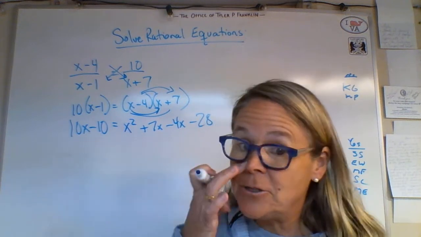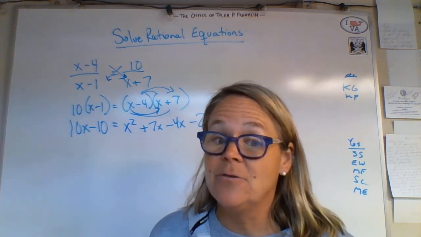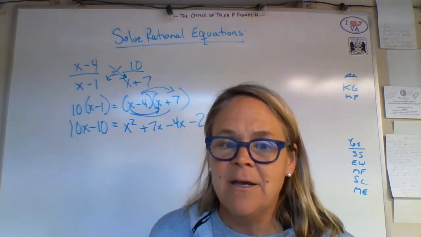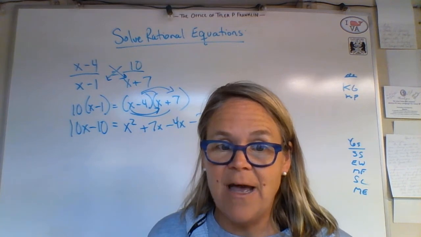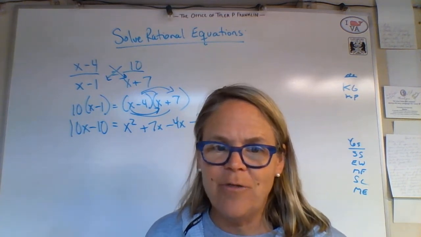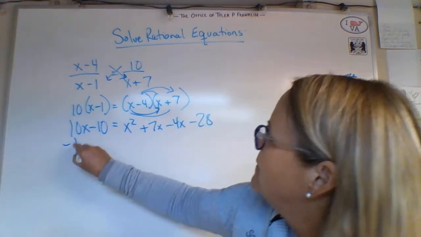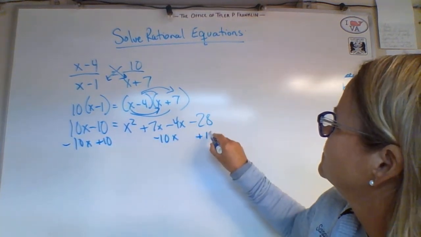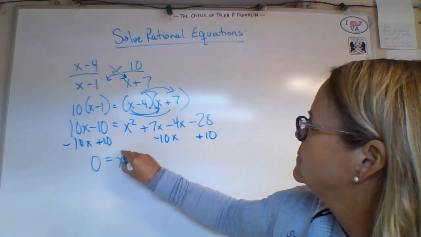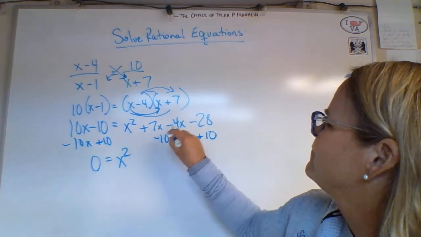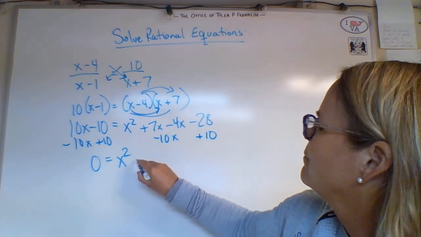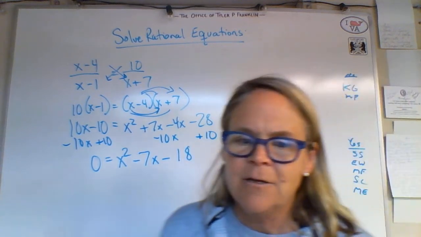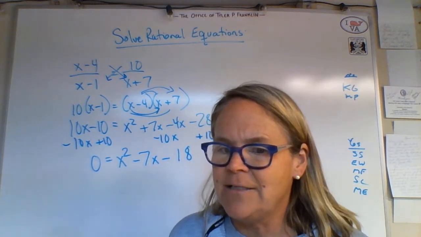Now, since we have an x squared, we're going to have to use factoring or the quadratic formula. It's going to be factoring with this. So you're going to want to get it all on one side, combine. I'm going to do that sort of quickly. So I'd have x squared minus 7x minus 18.